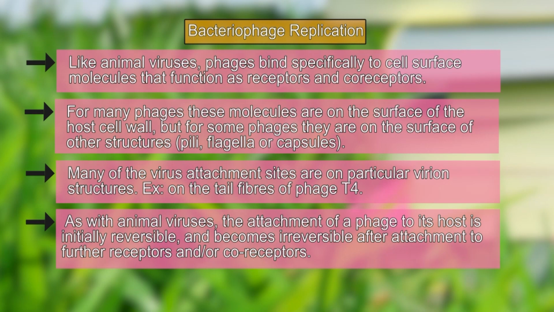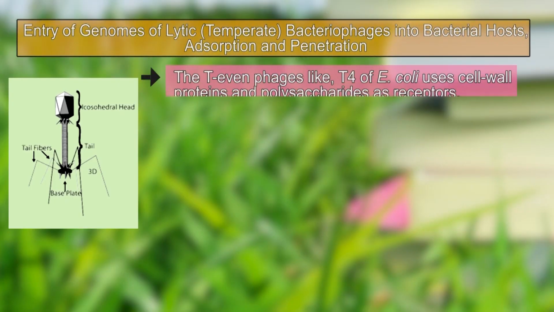Now a bit in detail, taking the example of T4 phage, let us see how it attaches to the host cell surface and delivers its genome into the host cell. Now we can see the structure of a T4 phage with tail fibers, base plate with short pins extending from the base plate.